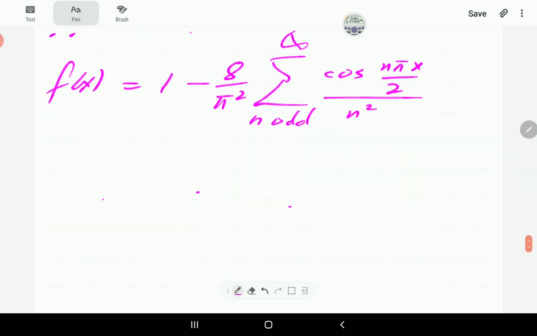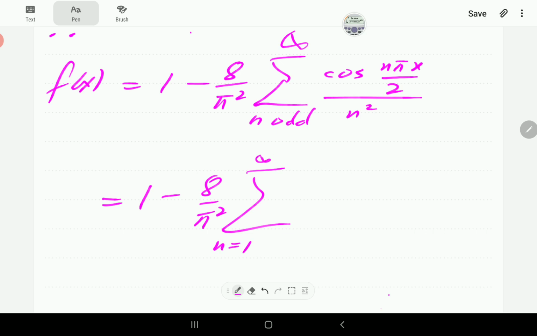However, we can write that a bit more elegantly as follows. So 1 minus 8 over pi squared. n odd is going to give us 2n minus 1, so n equals 1 to infinity, cosine of one half, 2n minus 1, pi x.